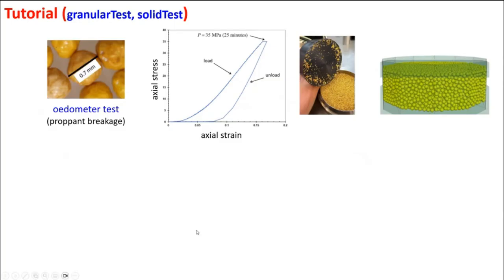And again, an odometer test, there you go. You can see the length scale here. It's filled with particles. In reality, it's pushed down. We measure the force on the platen, and we turn that into stress. And we measure the displacement of the platen, and we turn that into strain.